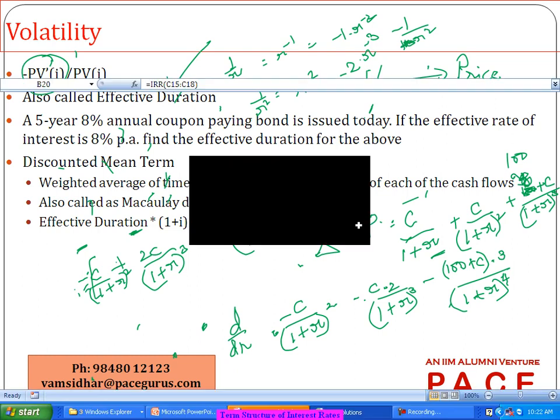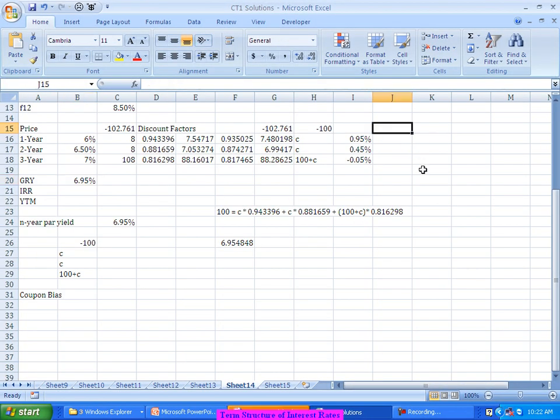Because I am going with the gross redemption yield, what I can very well do is take the discounting factors as 1 by 1 plus R whole squared to start with, then 1 by 1 plus R whole cube, then 1 by 1 plus R to the power 4.